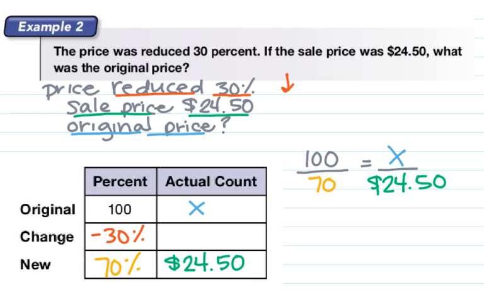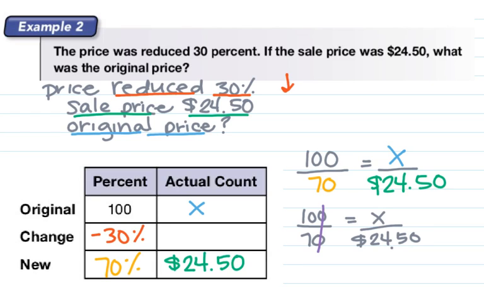Okay, before I cross multiply, I'm going to rewrite the problem because I want you to see that I can make this simpler before I move on. I'm going to make it simpler by crossing out my zeros right there.